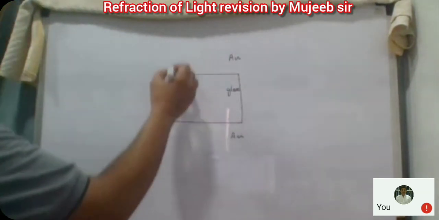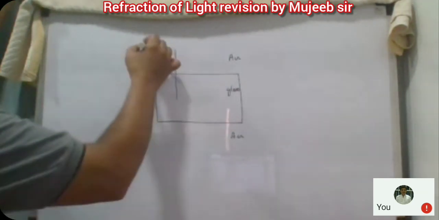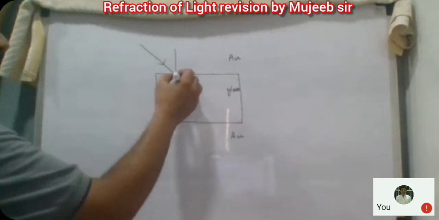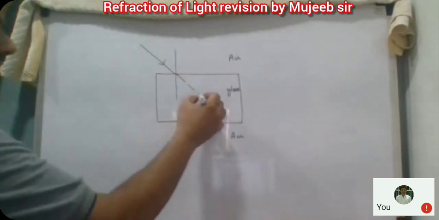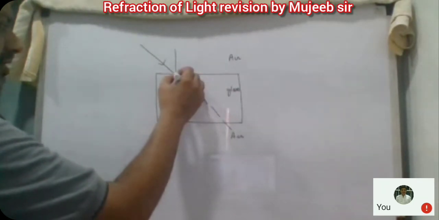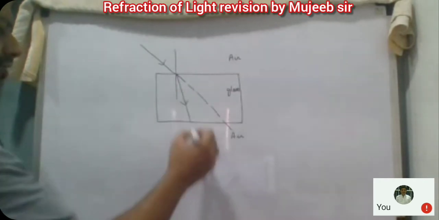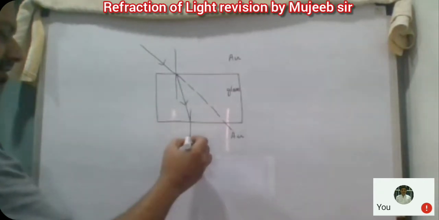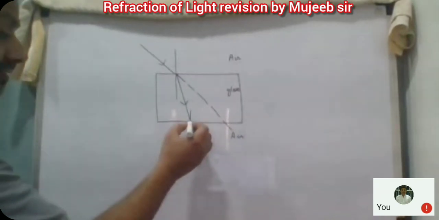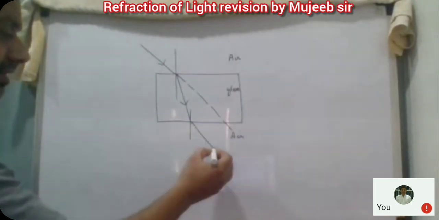Suppose this is the normal, and the ray of light comes from the air and strikes the surface of the glass slab. It won't go in a straight line, but it bends and goes in this direction. After reaching this point, as the medium is changing, the light goes from glass to air, so the direction changes again and it goes in this direction.